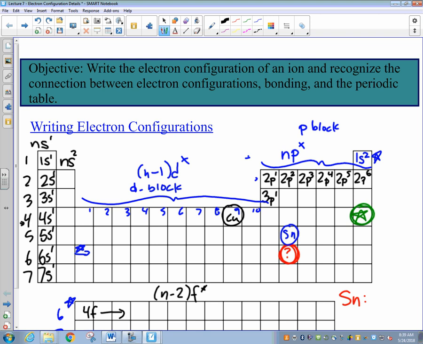And let's go ahead and write its predicted electron configuration. You're certainly welcome to use its noble gas configuration. The previous noble gas before copper is right here in this position that I've marked with the green star, that being argon. Following argon, we will move into the 4s orbital, so it would be argon followed by 4s2, followed by, n minus 1 would give me 3d9.